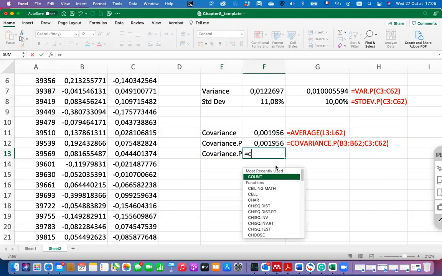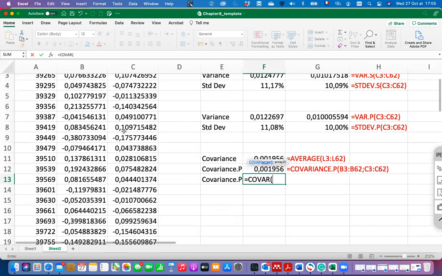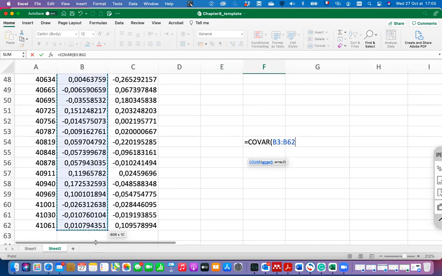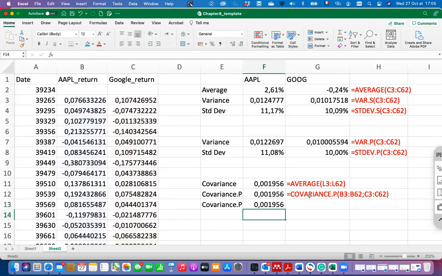So covar. So Apple return and then Google return. So you get the same result. So if you use the covar function, it will automatically consider this data as a population.